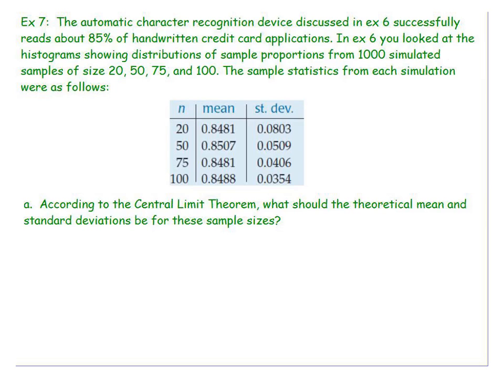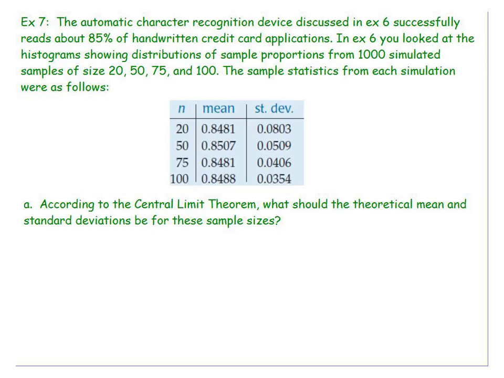Here are the more detailed statistics from each simulation. When the sample size was 20, it lists the mean and the standard deviation. When the sample size was 50, it shows the mean and the standard deviation. When the sample size was 75, same thing. And when the sample size was 100, same data. So according to the central limit theorem, what should the theoretical mean and standard deviations be for these sample sizes?